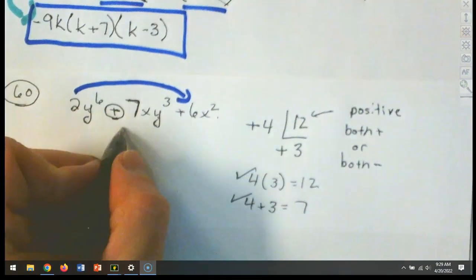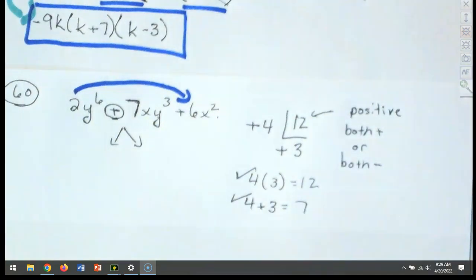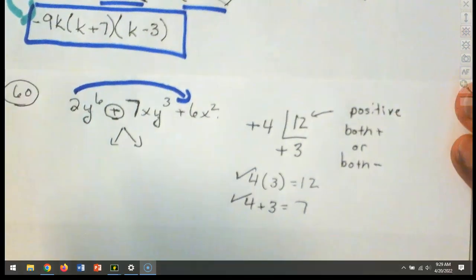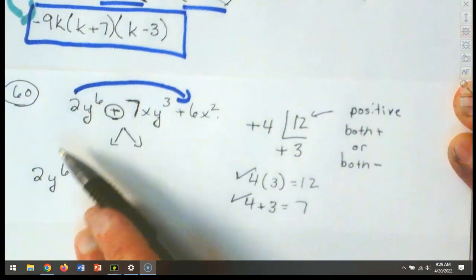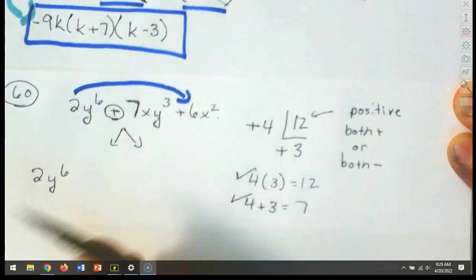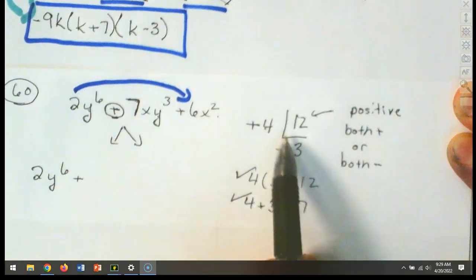Okay, so this one's actually a little bit easier. Now we do have to be very careful with the variables when we go to work this one out. When we rewrite it, the middle keeps the same variables. So 2y to the 6th just comes down. Now what about the 7? We're going to break the 7 up into the 4 and the 3.